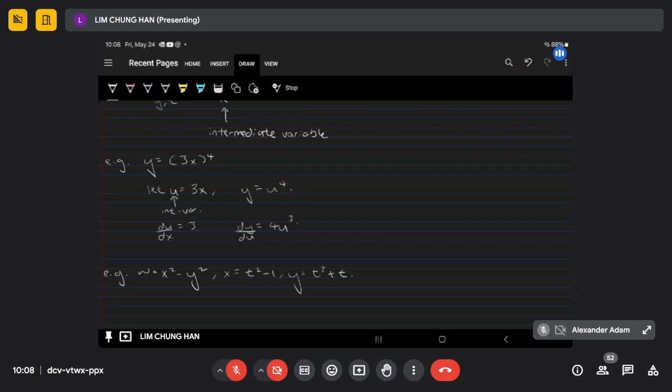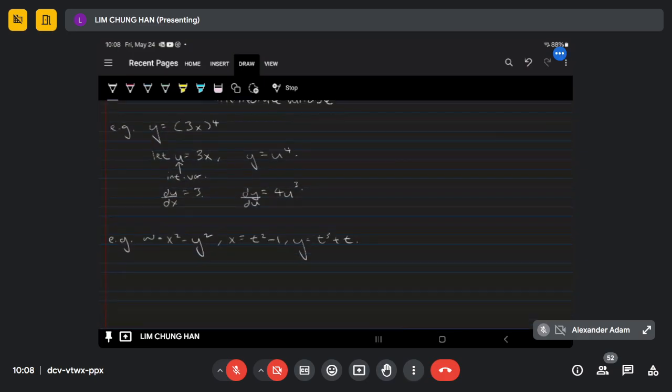So the way you use the chain rule to solve this is, let's say I want you to look for dw/dt.